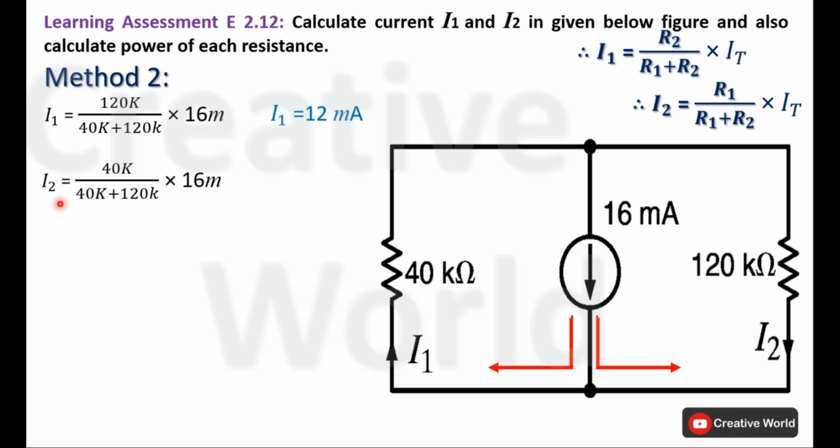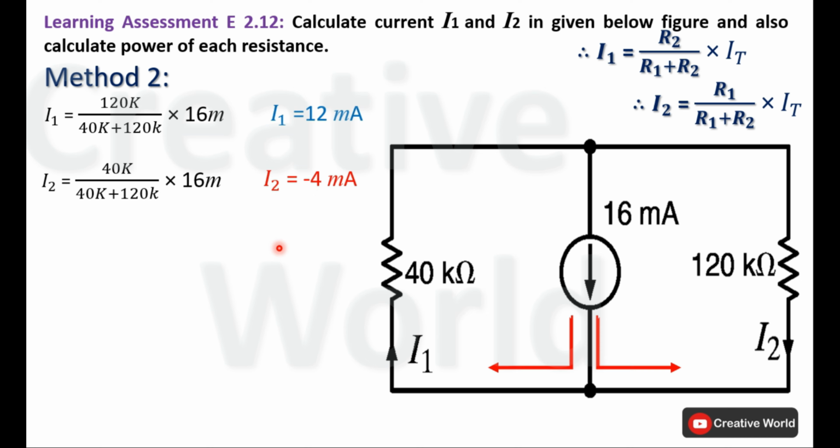In the calculation of I2, we will use 40 kilo ohm in numerator, multiply it with total current and divide by the sum of both resistances. By solving this equation, we will get the value of I2, that is 4 milliampere. This minus sign is taken because the direction of I2 given in the problem is opposite to the direction of this outgoing current. That's why this current is taken with minus sign.